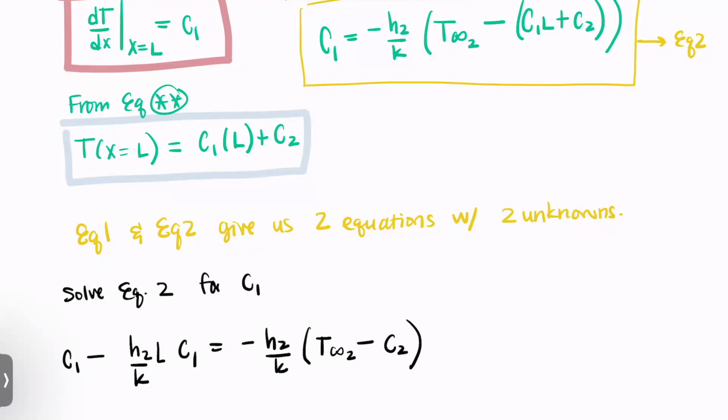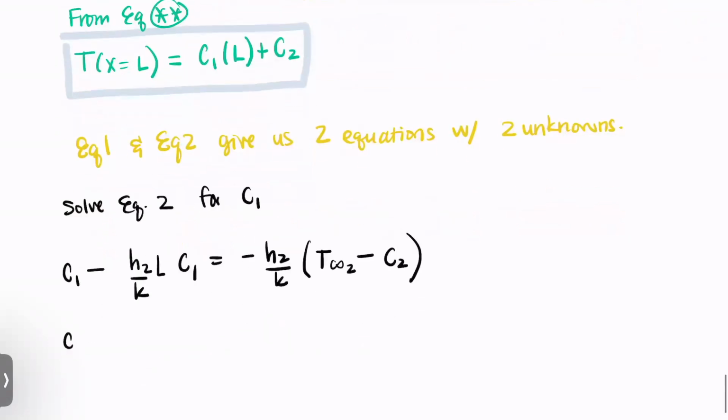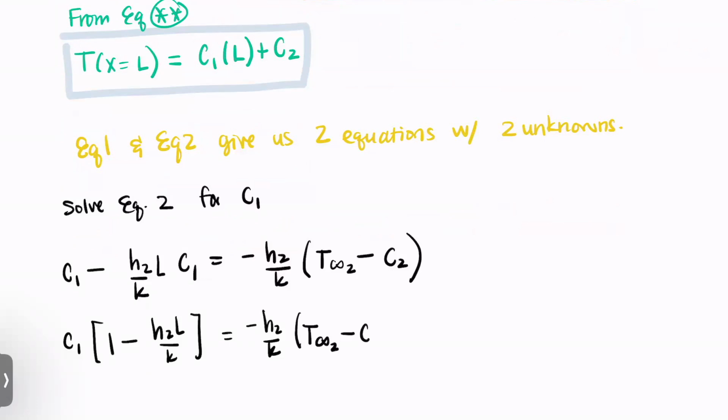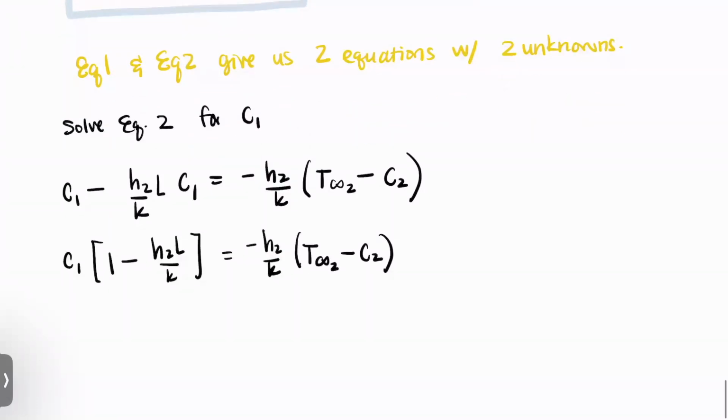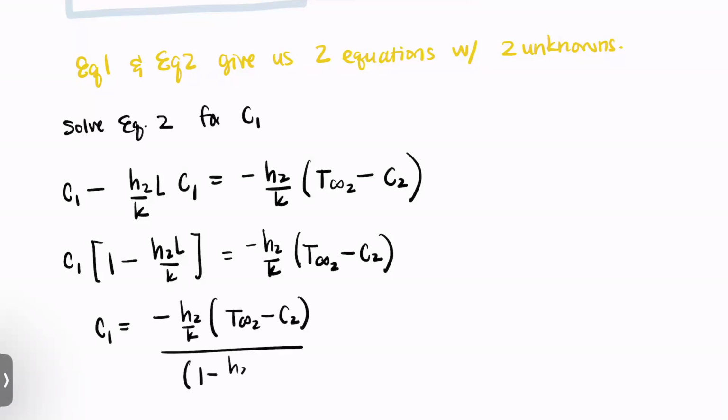Okay. So I'm going to factor out the C1. So I have 1 minus H2L over K is equal to minus H2 over K, T infinity 2 minus C2. And then I'm going to solve this for C1. So I have minus H2 over K, T infinity 2 minus C2 divided by 1 minus H2L over K.